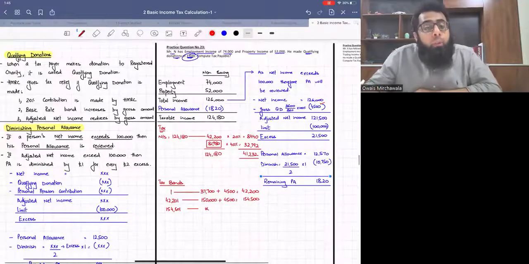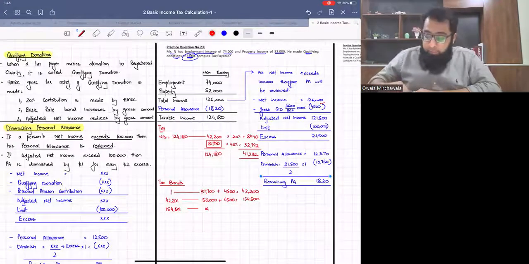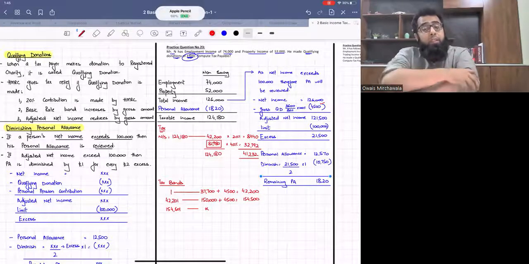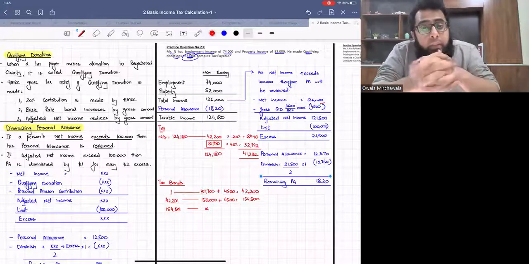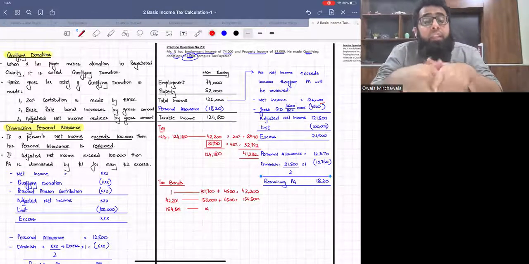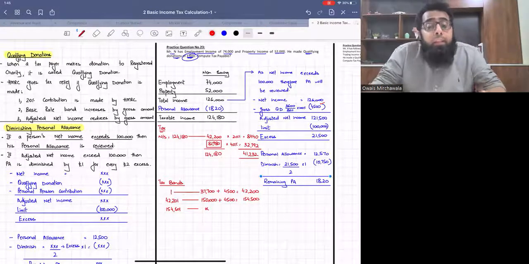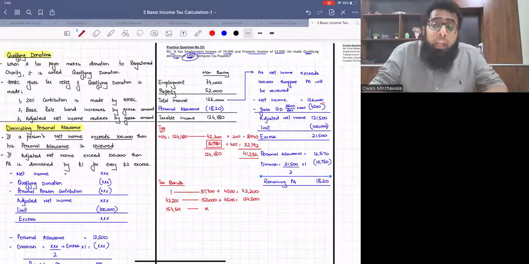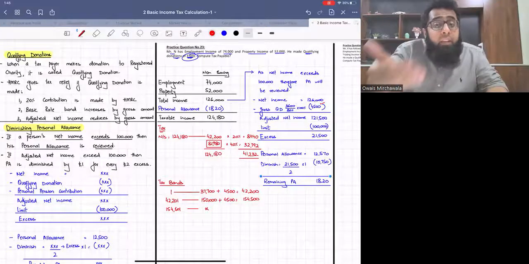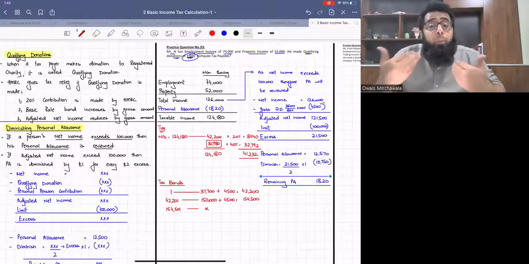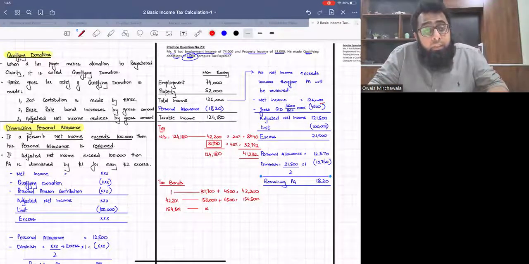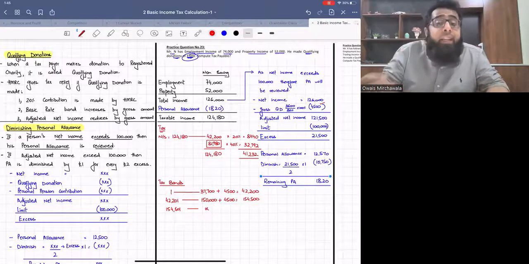I will repeat it again. I want you all to listen to me very carefully. If a person makes a qualifying donation, he gives something to a registered charity, then what will happen? He will get 3 tax benefits. The tax department wants to encourage donations.